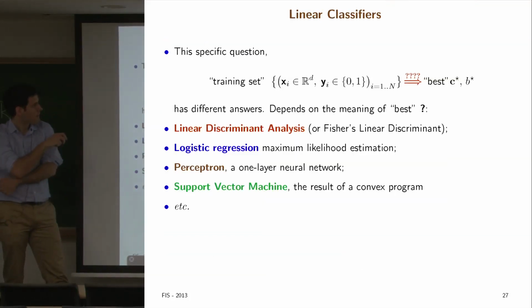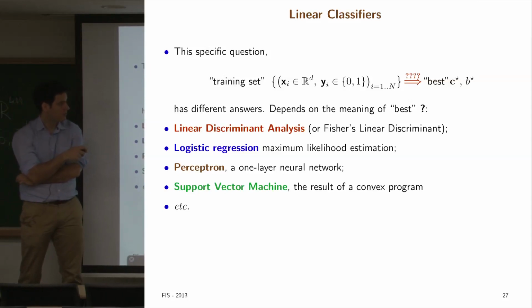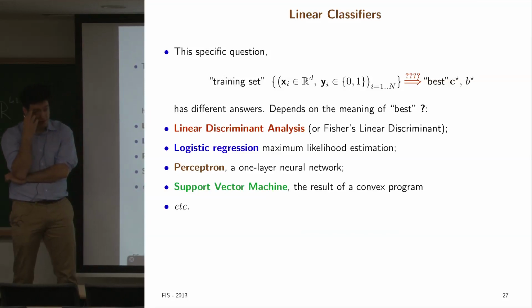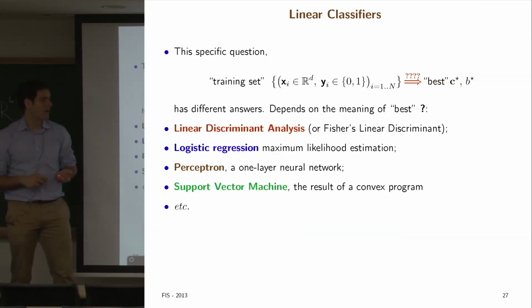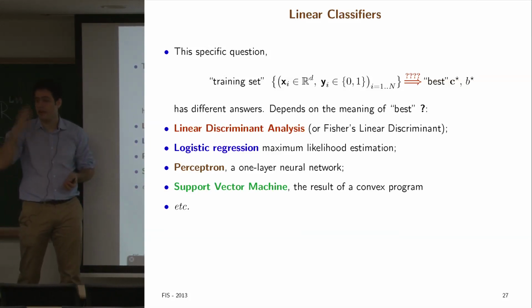So again, this specific question: given a training set, so points in R^d, and then labels, 0, 1, or minus 1, 1, etc., how can I find the best C star and B star to define this cut of the space? And I'm not even really sure what best means.